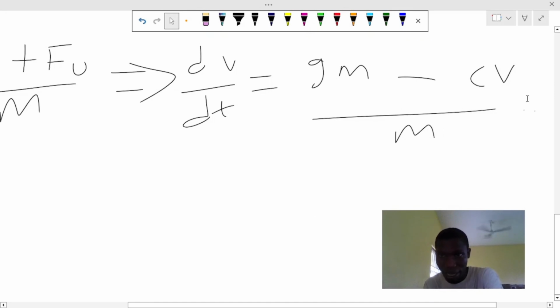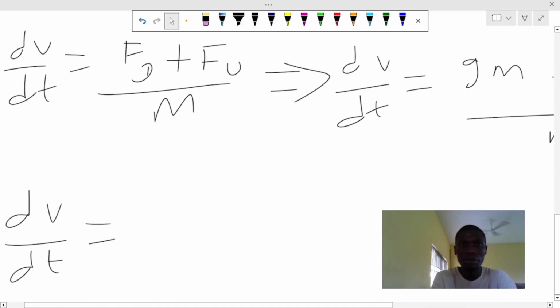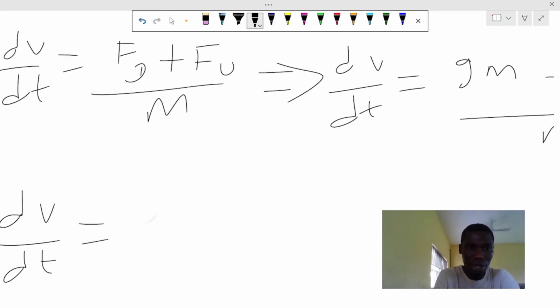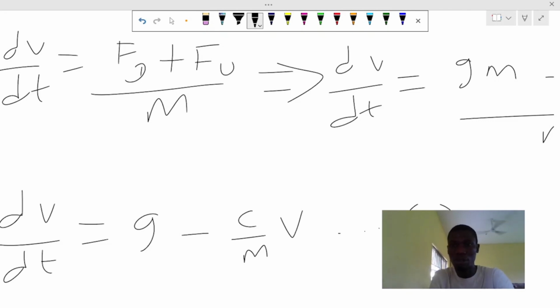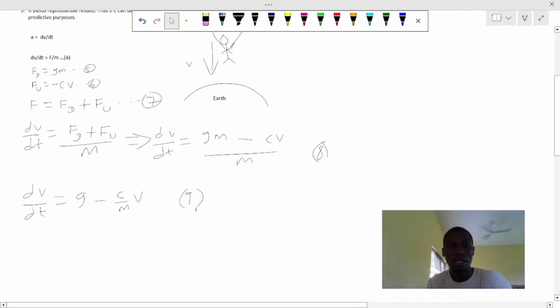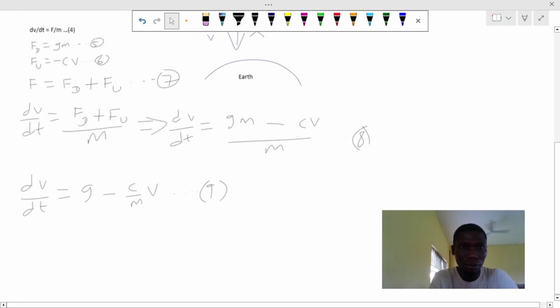The m will cancel out, so we just have g minus cv over m. So this will result to g minus c over m times v, equation 9. Beautiful. Good. Are we together?